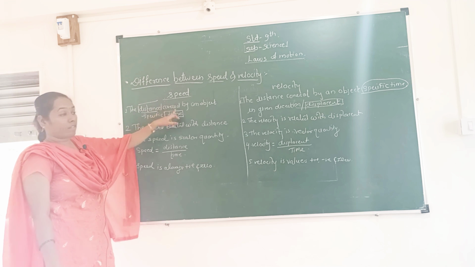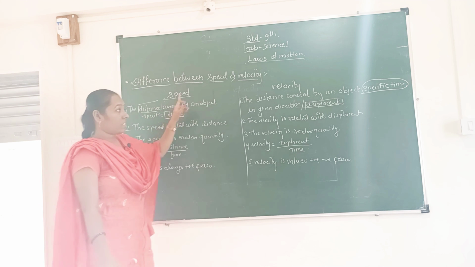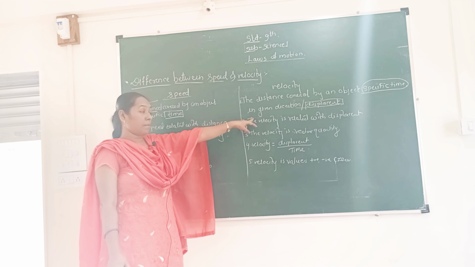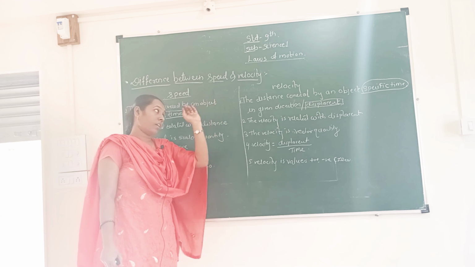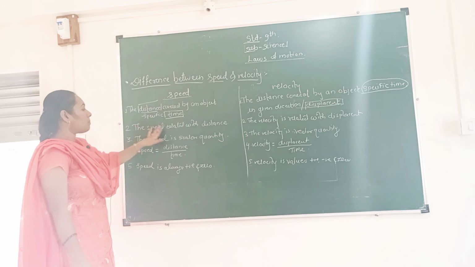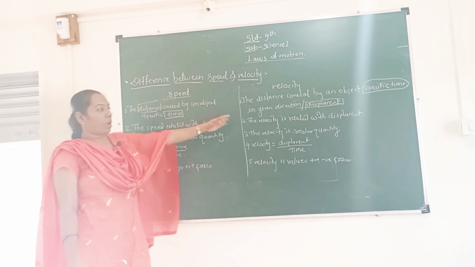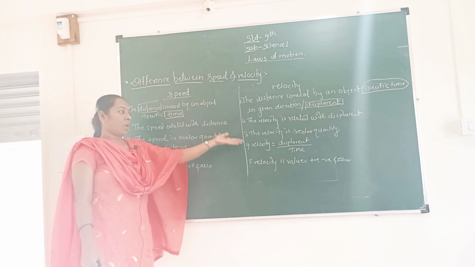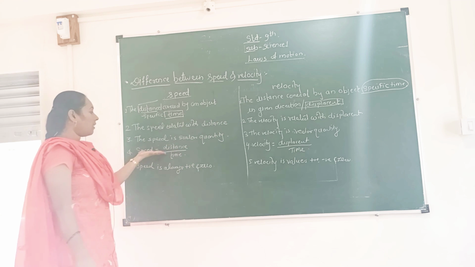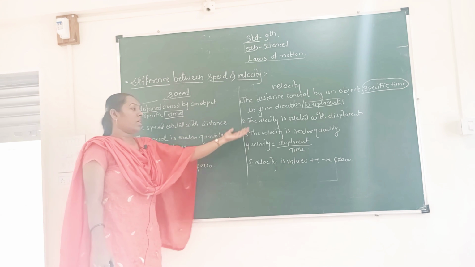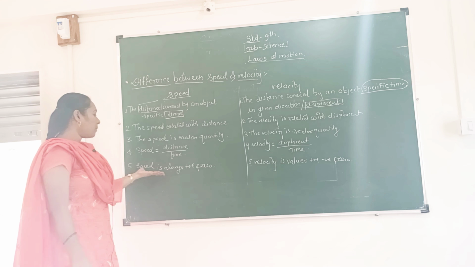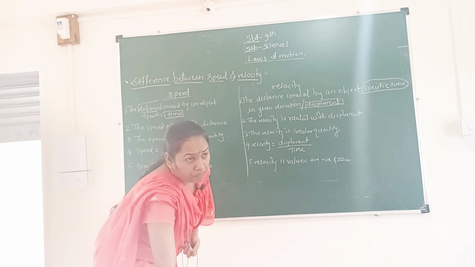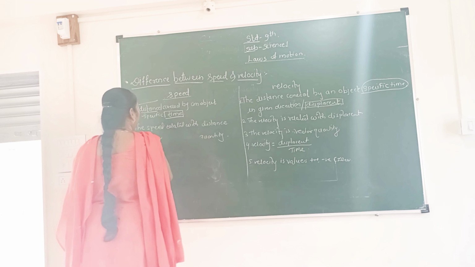It is the distance covered by an object in a specific time. What is velocity? Velocity is the distance covered by an object in a specific time in a given direction or given displacement. Speed is related with distance, velocity is related with displacement. Speed is a scalar quantity, velocity is a vector quantity. Speed is distance upon time, velocity is displacement upon time. Speed is always positive or 0 and velocity has 3 possible values.